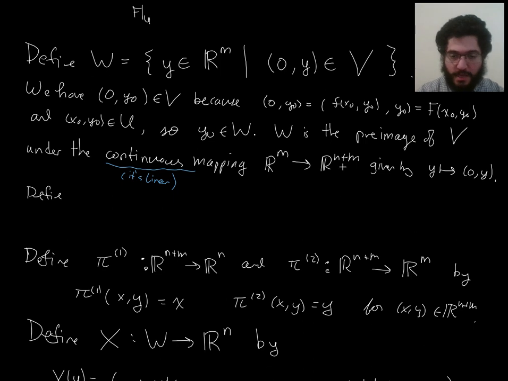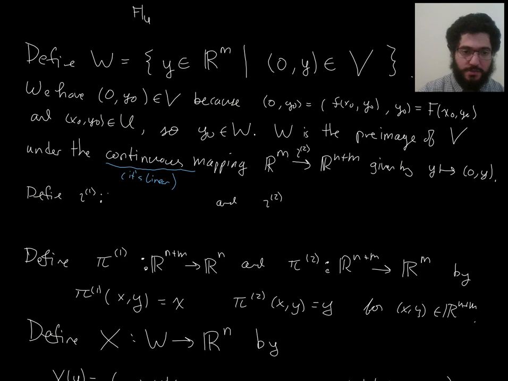This embedding sends an m-tuple to a vector that goes 0, comma, and then that m-tuple is the second component. Since it ends up being the second component, I'm going to call this embedding iota superscript 2, for second component. So I'm going to define maps iota superscript 1 and iota superscript 2 as the inclusions that go along with these projections.